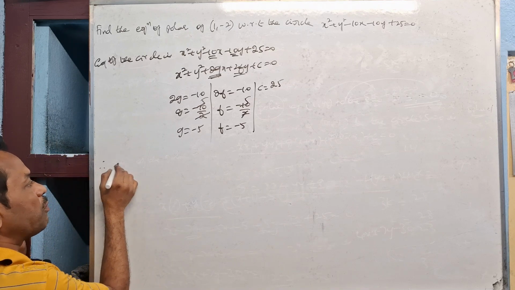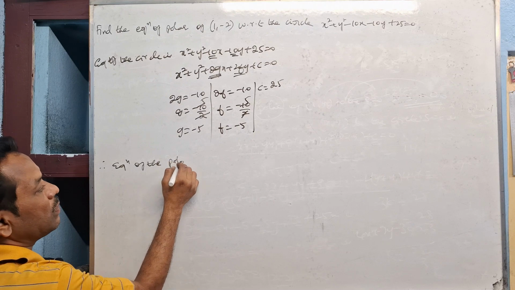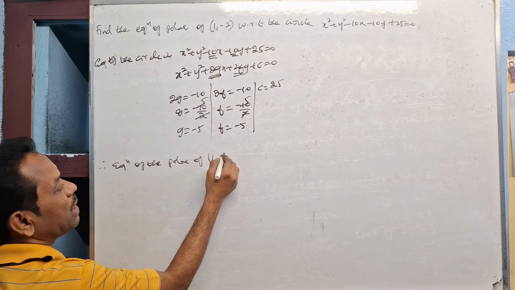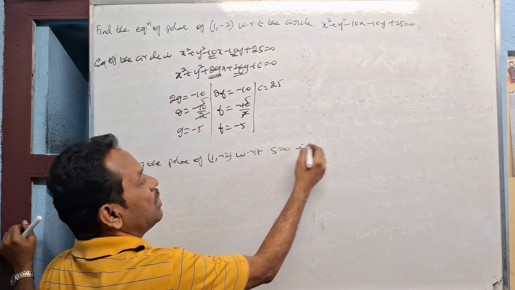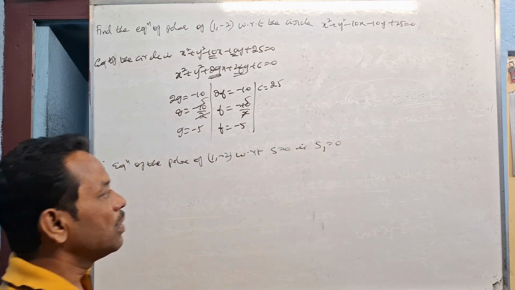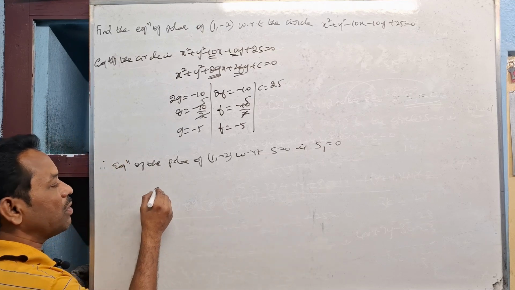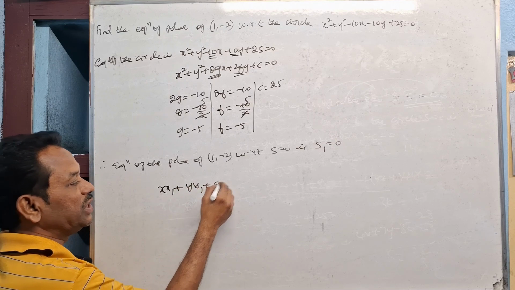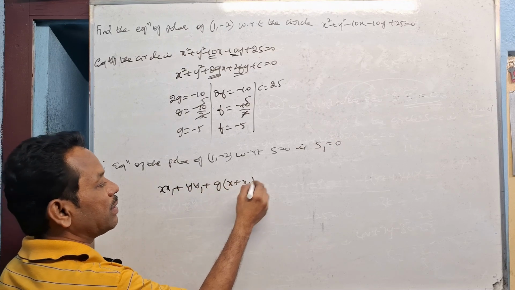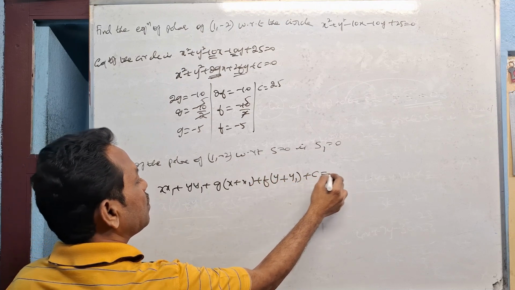Now we need the equation of the polar. So the equation of the polar of which point? (1, -2) with respect to the circle S equals 0 is S1 equals 0. S1 equals 0 is the formula to get the polar. Now to write S1 equals 0: x x1 plus y y1 plus g into (x plus x1) plus f into (y plus y1) plus c equals 0.